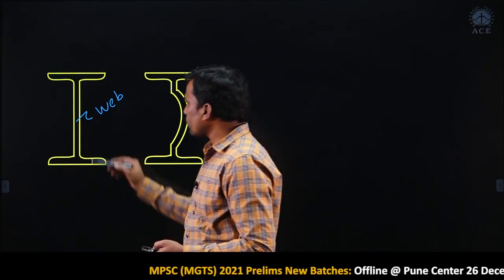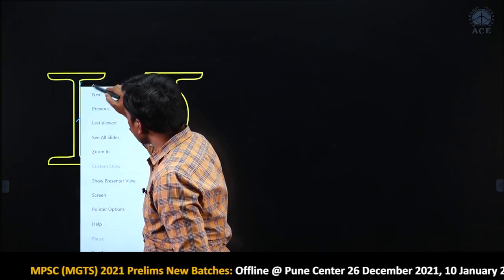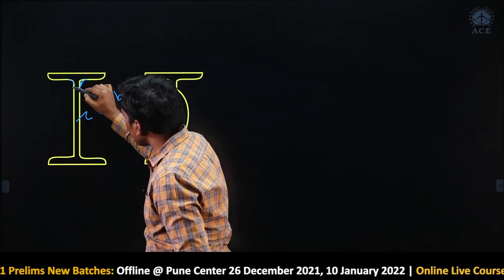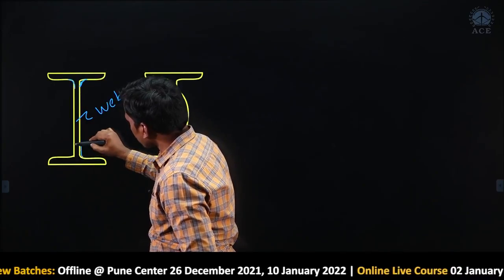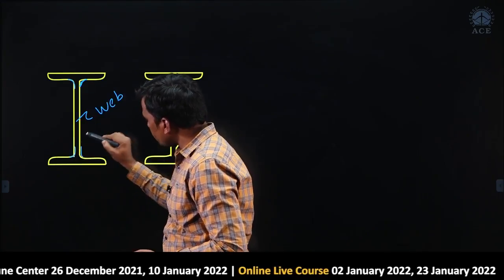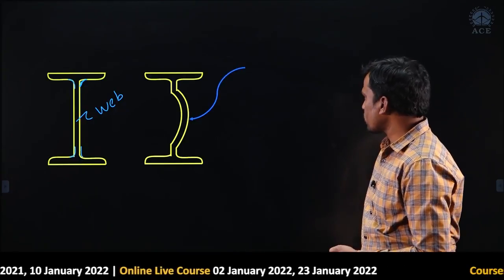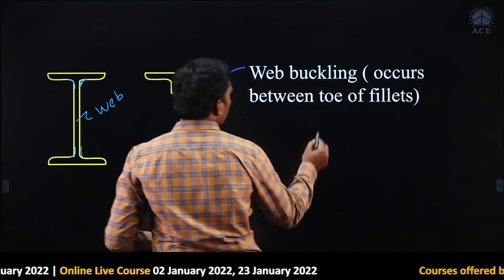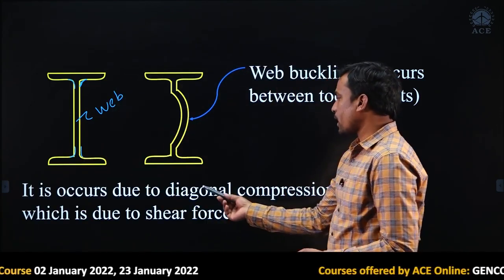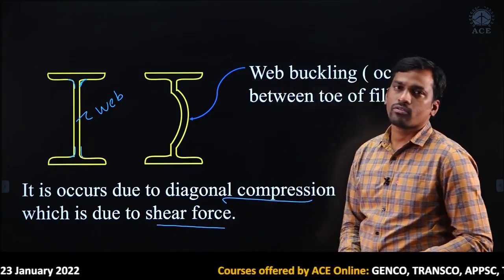What is fillet? This curved portion. For rolled steel sections we will have some curved portion like this. So buckling will occur in between the curved portion, that is between the toe of fillet. So what is web buckling here? It will occur due to diagonal compression which is due to shear force.